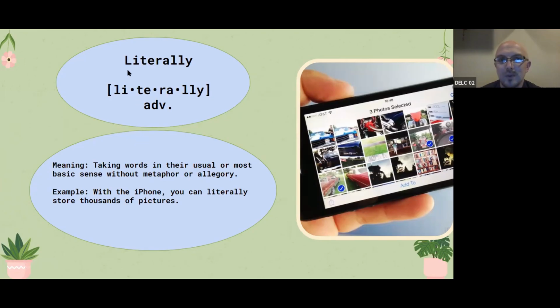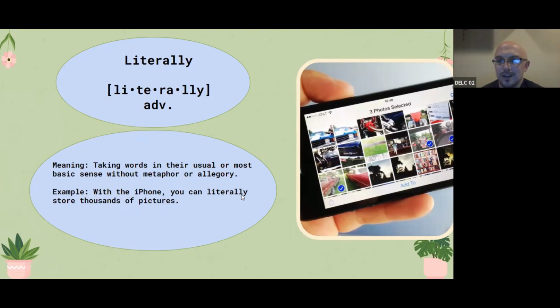Okay. But if we say literally, we mean, yes, actually thousands of pictures. So we don't mean many, many, we're using the word thousands for the real meaning when we say literally. So you can literally store thousands of pictures.